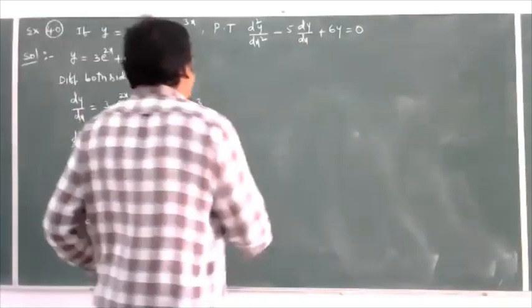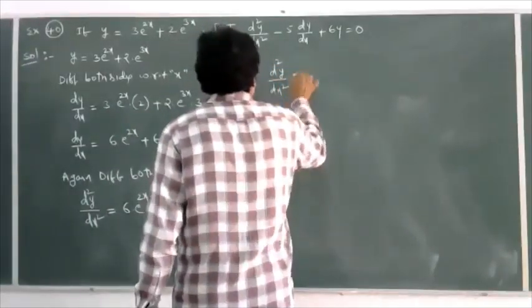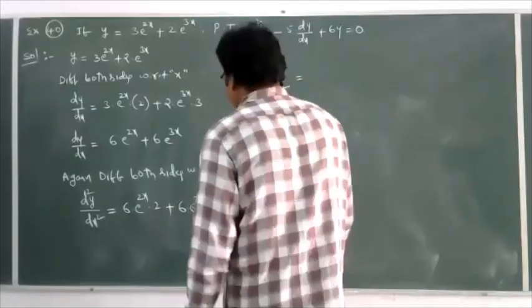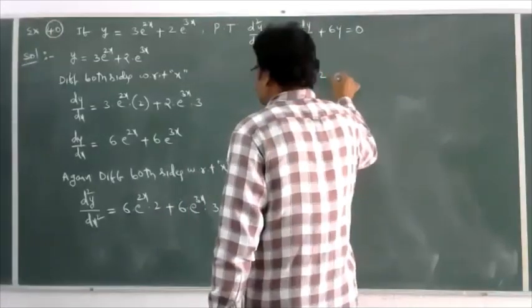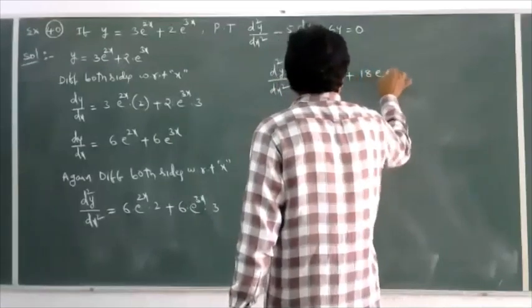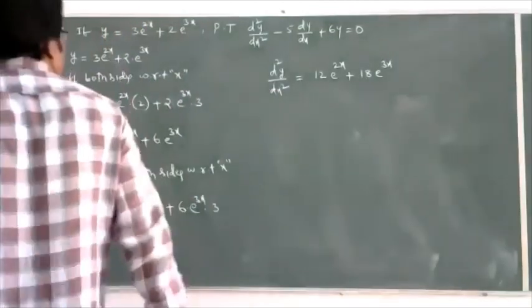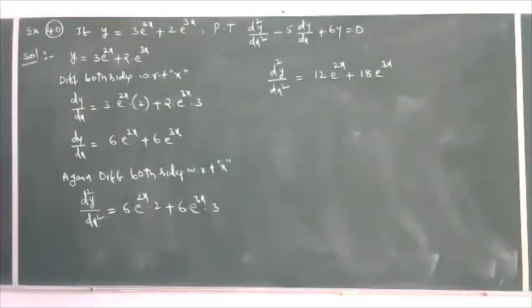That is d square y by dx square is equal to 12 into e power 2x plus 18 into e power 3x.